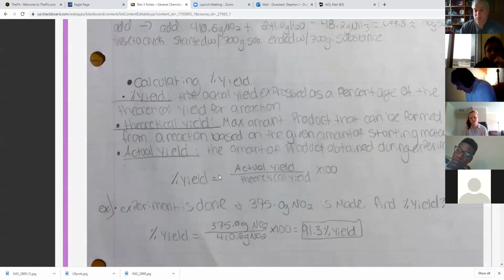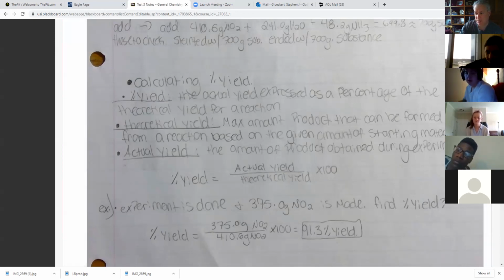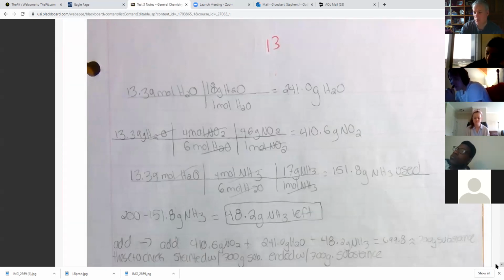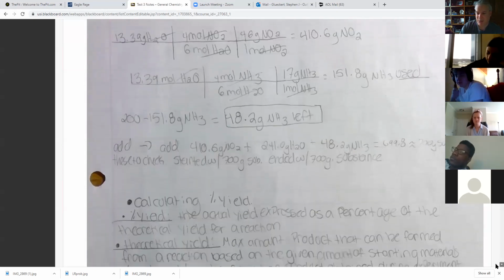Showing that as a formula, your percent yield is your actual yield divided by your theoretical yield, and then multiply that number by 100 to get a percent. Tying that into the problem we did yesterday, we were supposed to get 410.6 grams of NO2 based on our initial amounts, taking into account the limiting reagent and how much we're supposed to get.